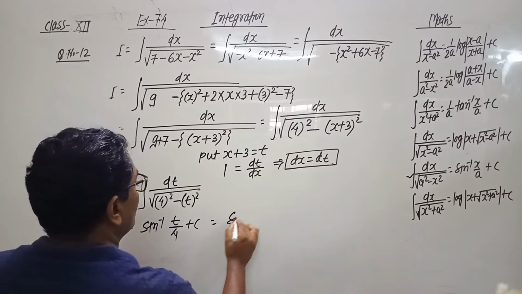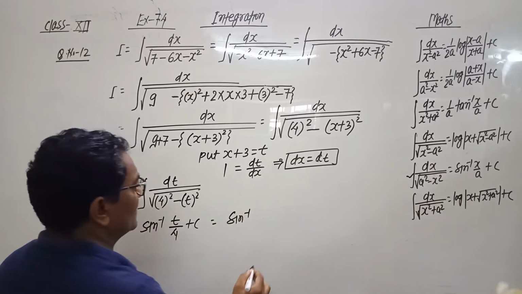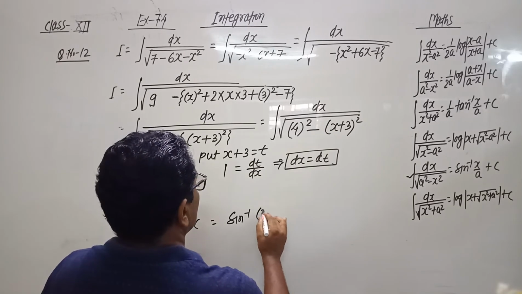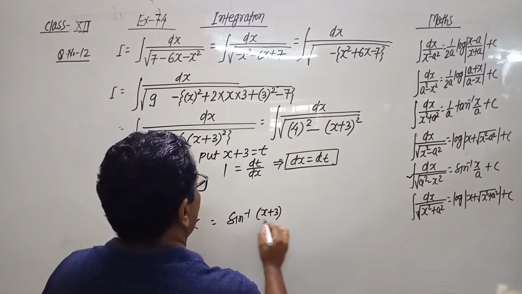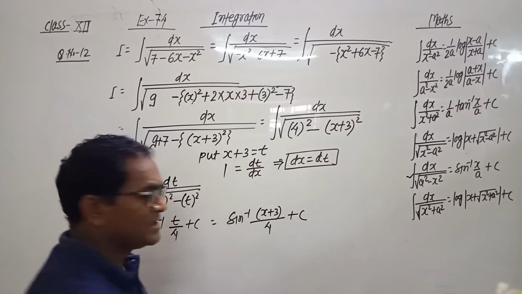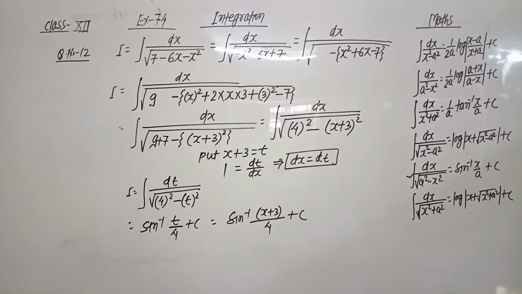Now put the value of t, which is x plus 3. So we get the result sine inverse (x plus 3) upon 4. This is the answer.